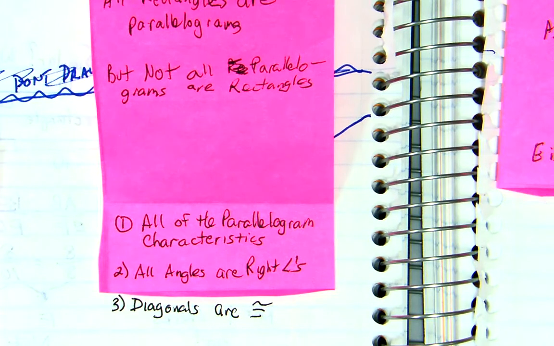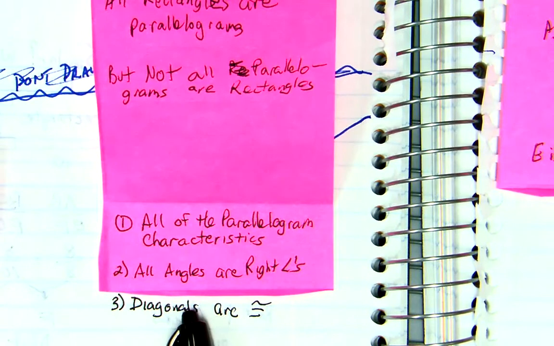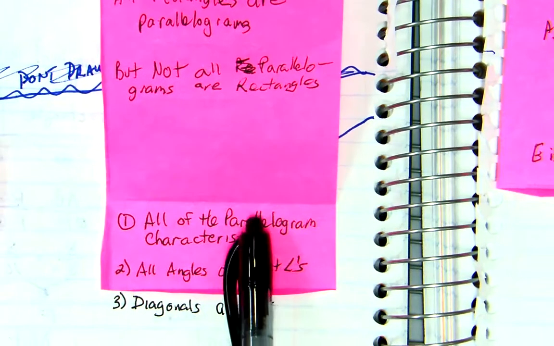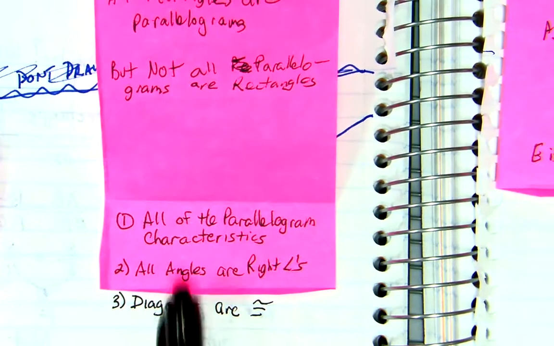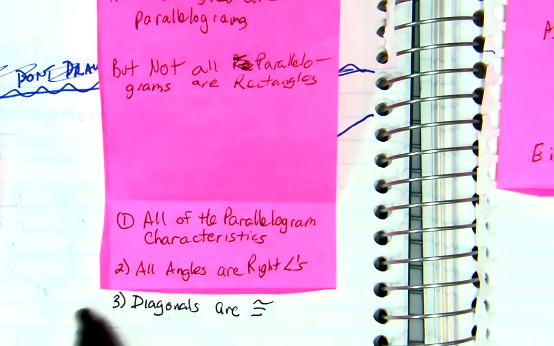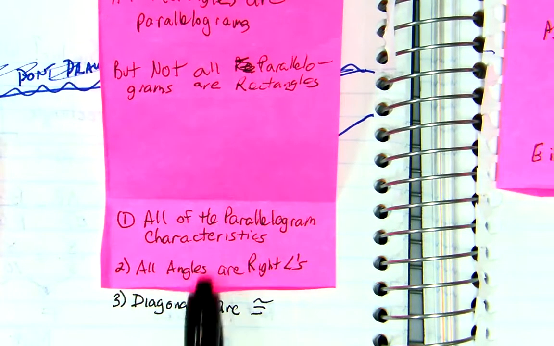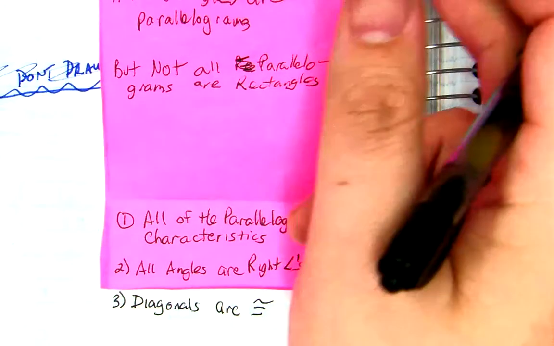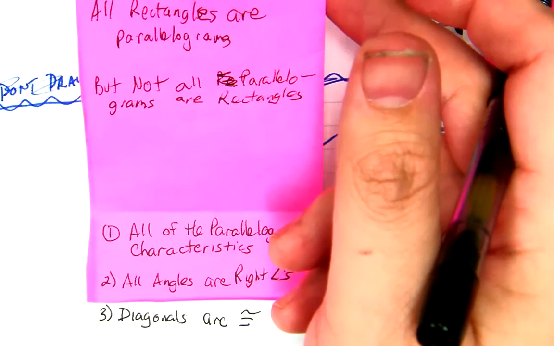Believe it or not, that is it. As soon as all angles are right angles and the diagonals are congruent, and it has everything else that a parallelogram has, those are the only two special extra things. And we're done with rectangles. That's it. See, it's not that bad. It gets faster as we move on.